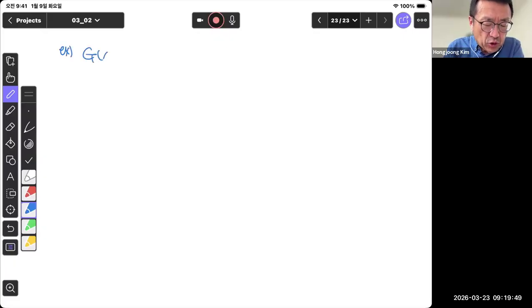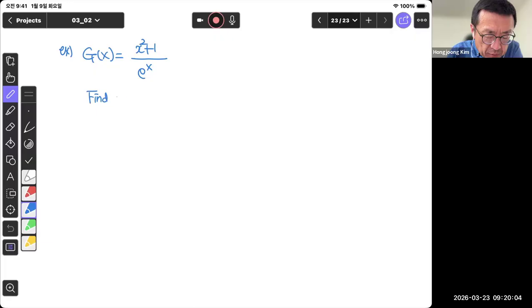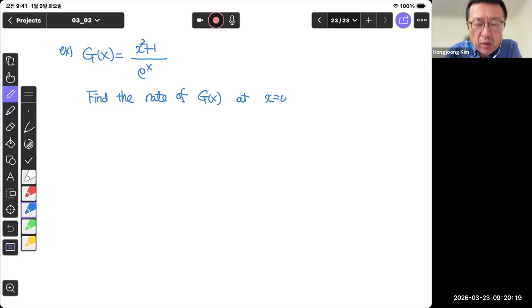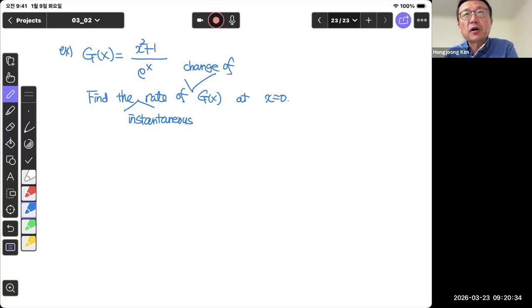If I give you a g of x function, which is defined by, say, x squared plus 1 over e to the x, and then I ask you to find the instantaneous rate of change of this function when x is 0, then I'm asking you to differentiate the given function, right?